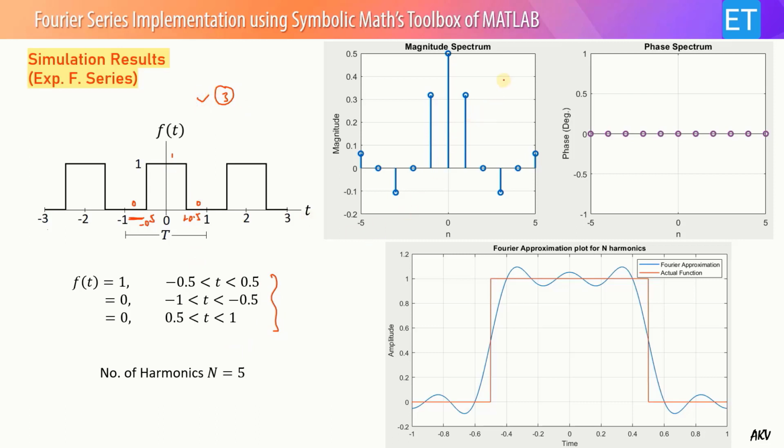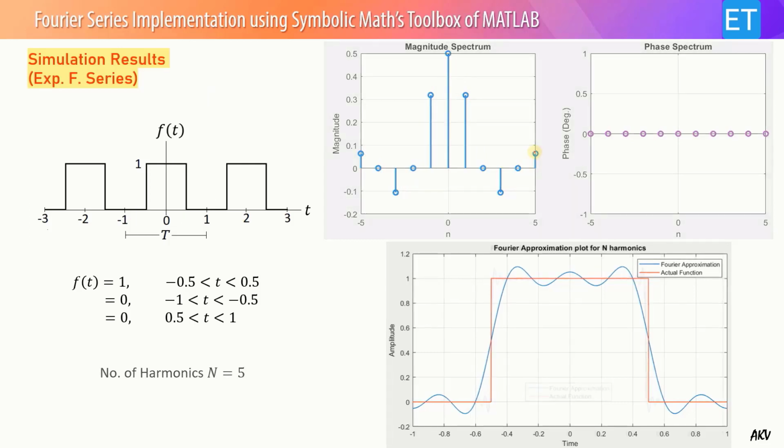This is your magnitude spectrum, this is the phase spectrum, and here you can see both functions. Because of this gate function, you are getting a sinc function as the output. If you know the output for a gate function, you always get a sinc function in magnitude.